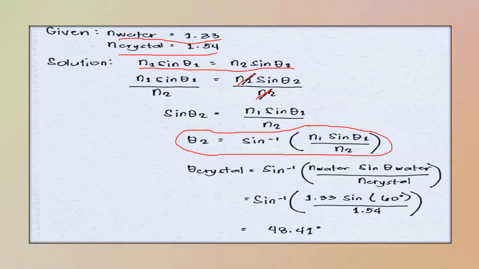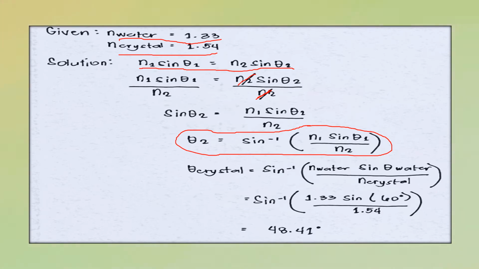Substitute the given. We have theta crystal, as your refracted angle, is equal to the sine negative 1 of incident ray n water sine angle theta water divided by n crystal.